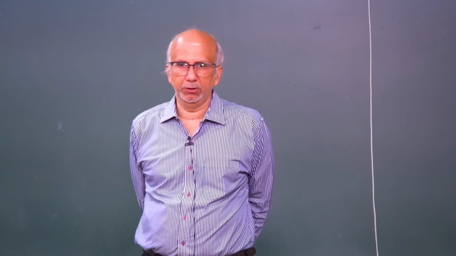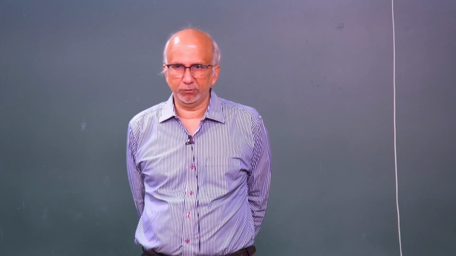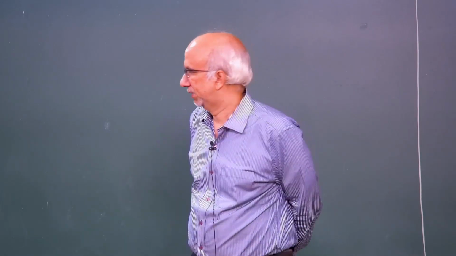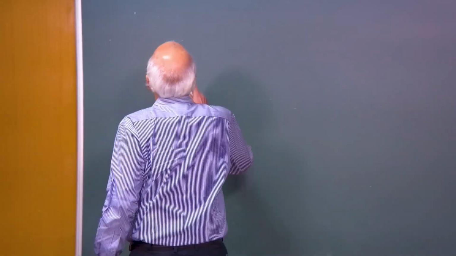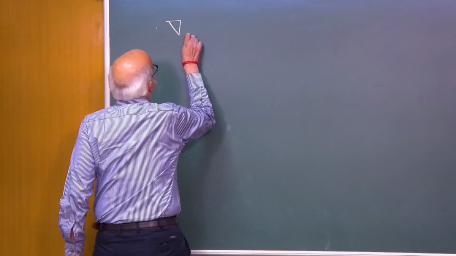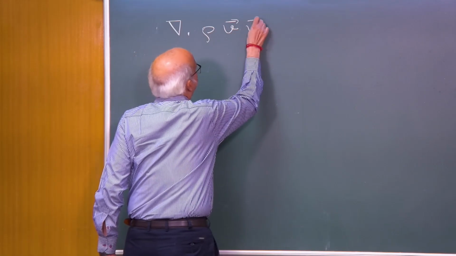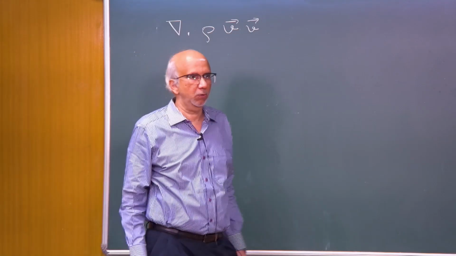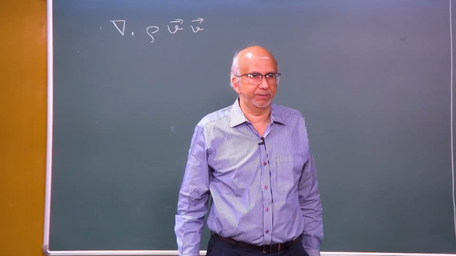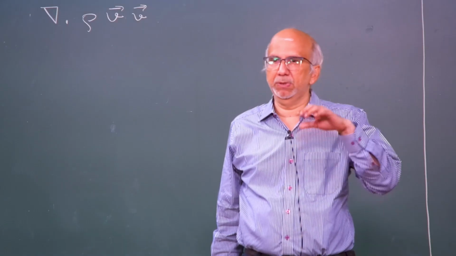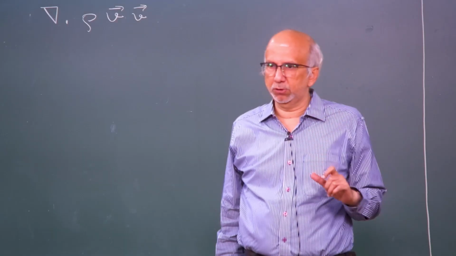We will continue from where we left off in the last class, okay? And we were looking at this term, divergence of rho v v, okay? And how to evaluate it. Like I said, divergence of rho v v occurs in your Navier-Stokes equations.